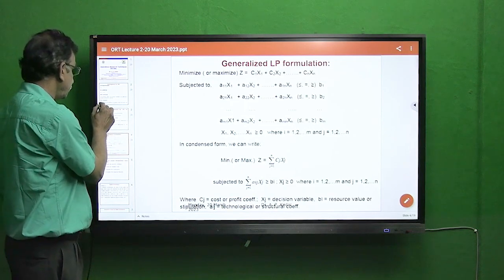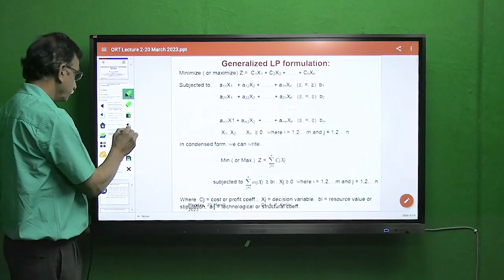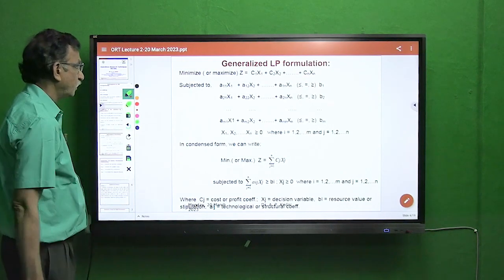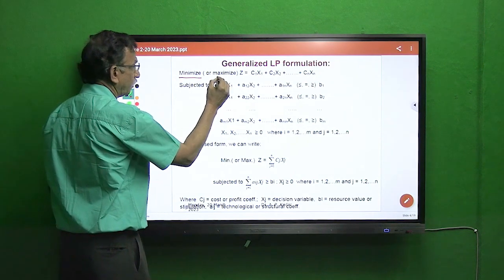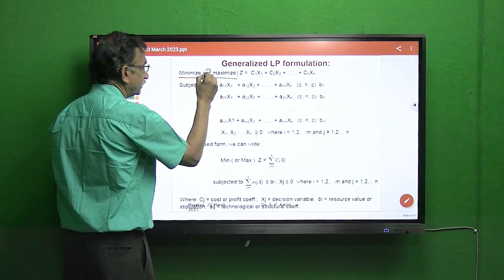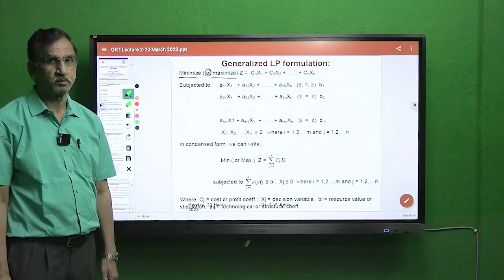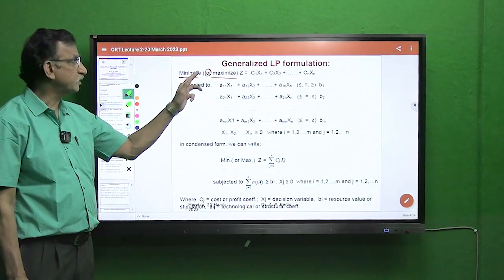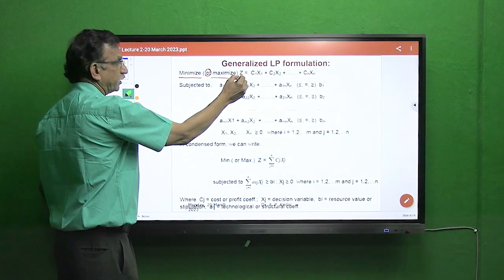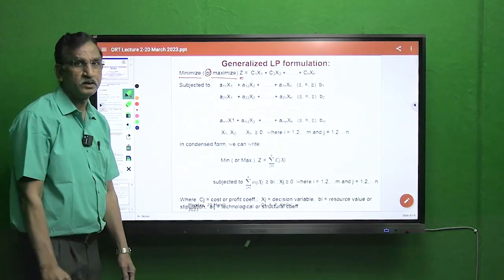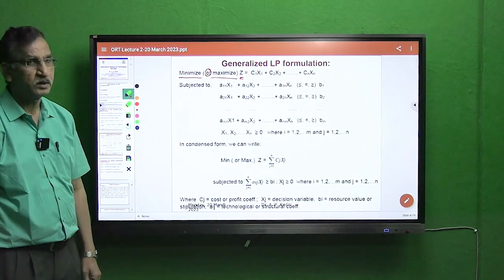As also mentioned in my last lecture, it is either minimize or maximize, only one condition at a time. You cannot have both objective functions in the same problem. It will be either minimize or maximize, and we represent that function by the symbol Z. It can be any symbol, but most authors use the symbol Z.